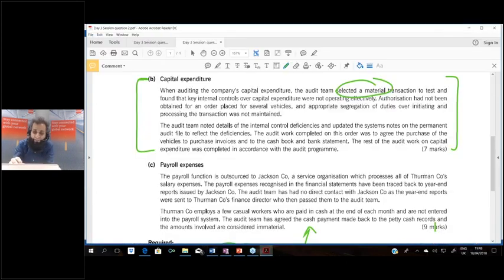The audit team selected a material transaction, right? Next line: authorization had not been obtained for orders placed for several vehicles. Is that a control weakness? Authorization has not been obtained for vehicles, and appropriate segregation of duties was not maintained. So are there deficiencies in the controls? 2 deficiencies, right?